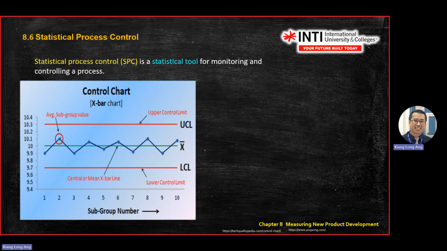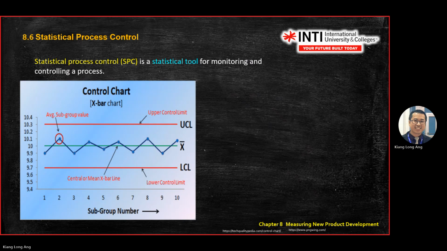So we went very detailed in how to do the SPC, or statistical process control, previously, right? So again, important is the mean, upper limit, lower limit, then the y-axis, x-axis. Okay, so it depends on what kind of chart you want to plot.